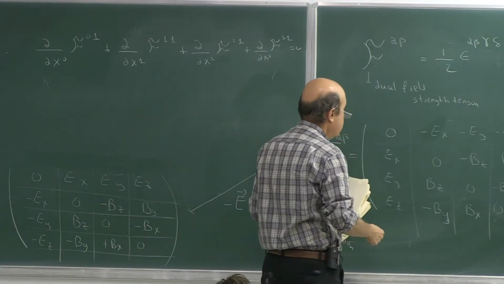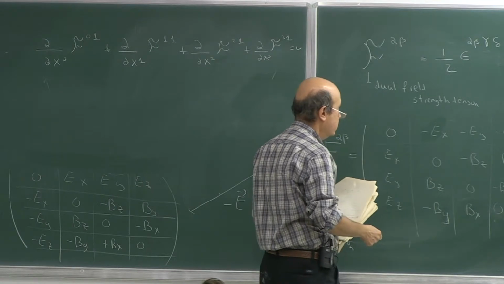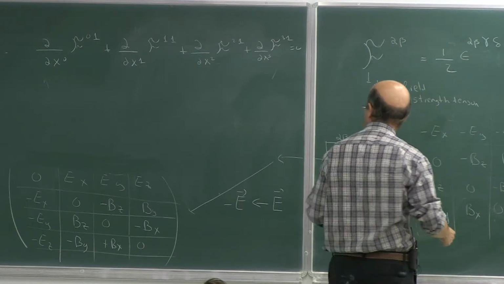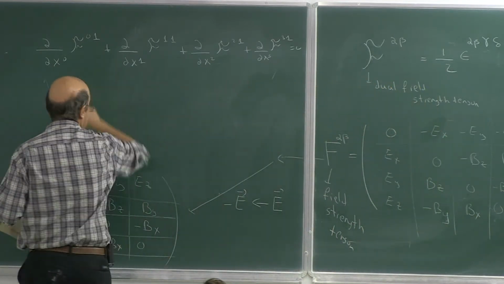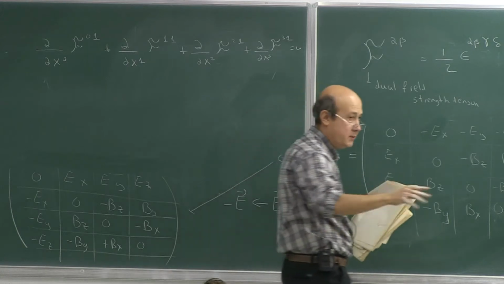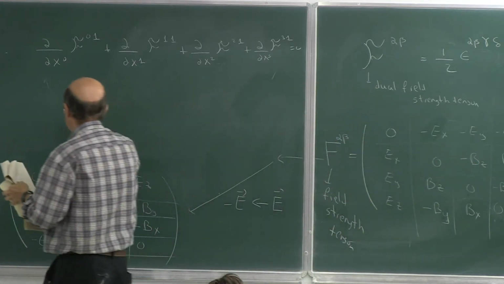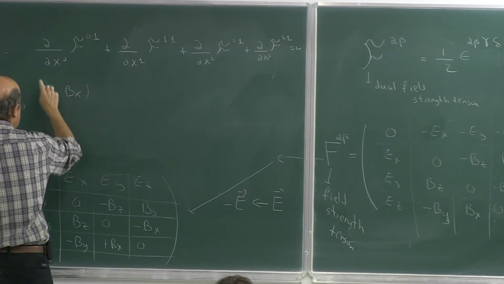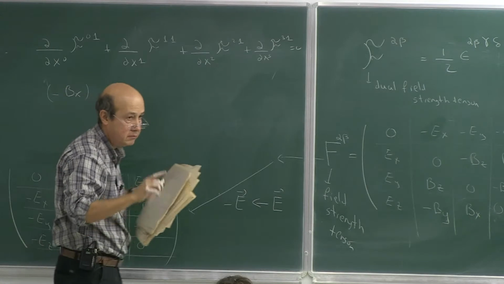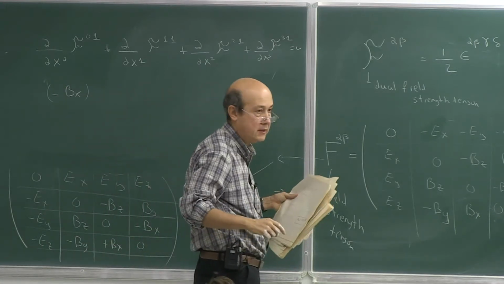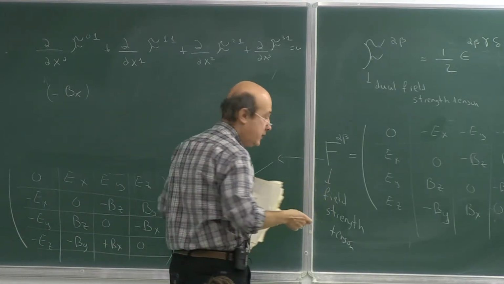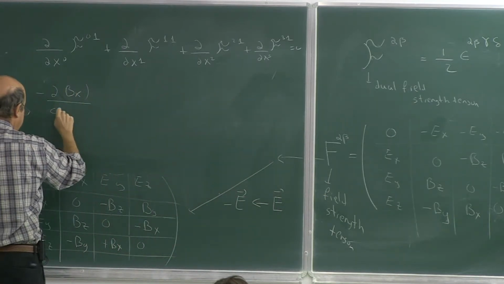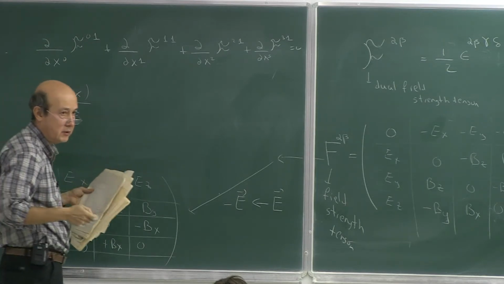What is the f tilde 0, 1, the first term? 0, 1 is minus Bx. What is the del over del x0? That is del over ct. So take the minus outside, del over del t of Bx.